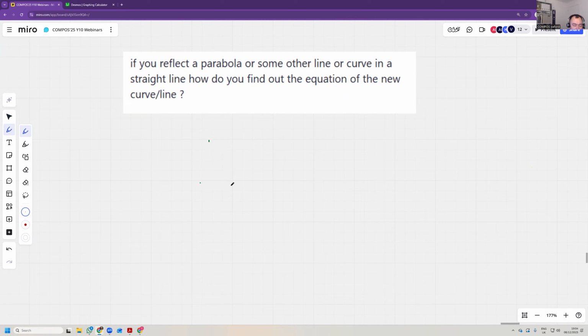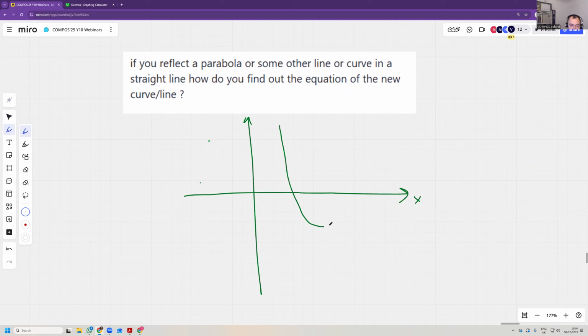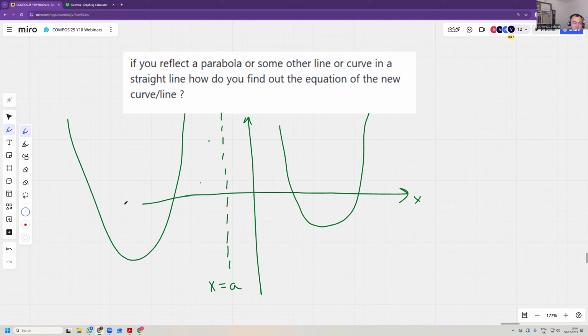If you have a parabola and you have a vertical line, for example, x equals a, and you reflect that parabola in that line, well, that's just equivalent to moving it to the left by a distance.